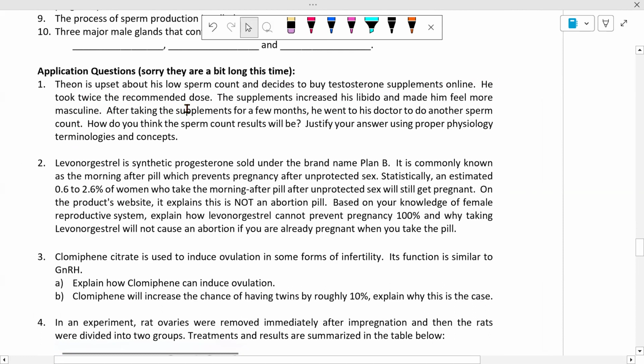He took twice the recommended dose. The supplements increased his libido and made him feel more masculine. After taking the supplements for a few months, he went to his doctor to do another sperm count. How do you think the sperm count results will be? Okay, what do you think? Anybody? Just like open discussion here.